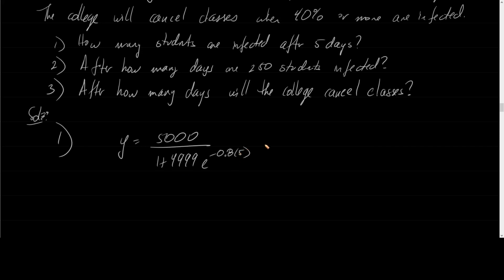Plugging this into the calculator, we end up with 54 students. It's not exactly 54, it's 54 point something, but since we're talking about people, we'll say that totals 54 students.